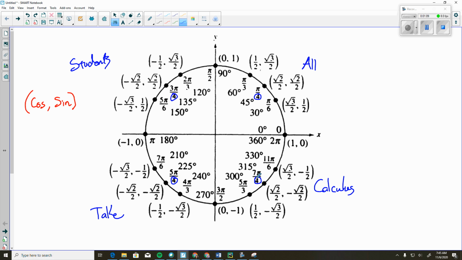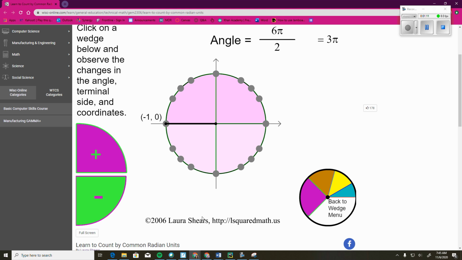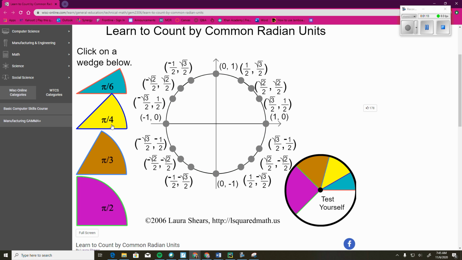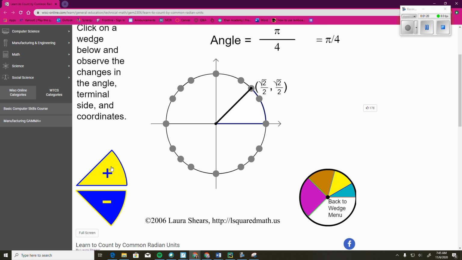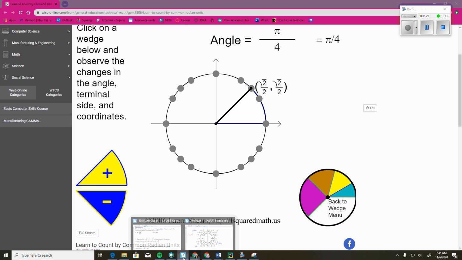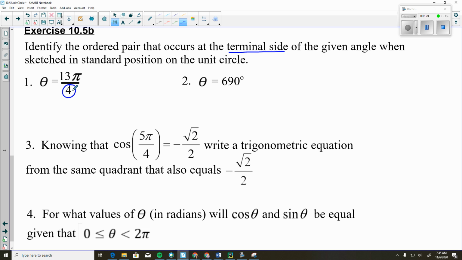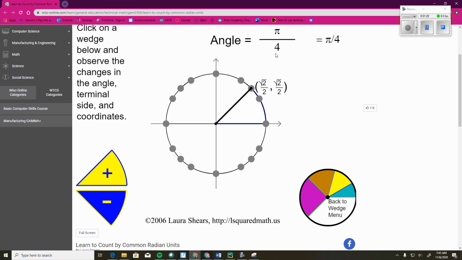Check this out. If we count by pi over fourths, or we can think of this as just 1/4, if we count by these, we can get to the value 13 pi over 4. So that's 1 pi over 4, 2 pi over 4, which simplifies to 1/2, like 2/4 simplifies to 1/2.